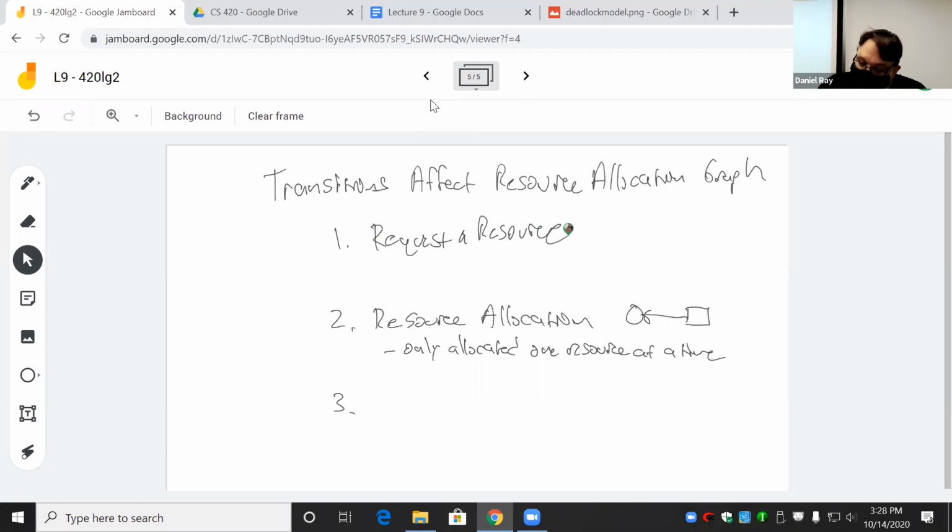In the graph, if I need to request a resource, I draw a new arrow, and those arrows always go from processes to resources. If I'm going to be allocated a resource, then an already existing arrow is going to flip directions, so it now points from the resource to the process to indicate that allocation has taken place.